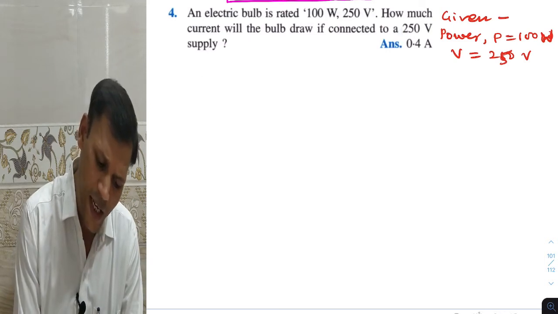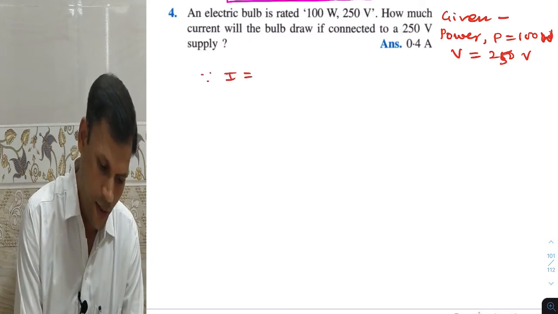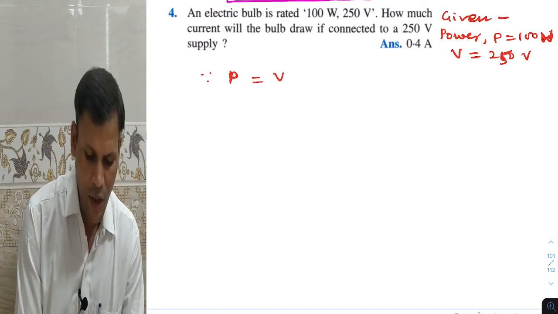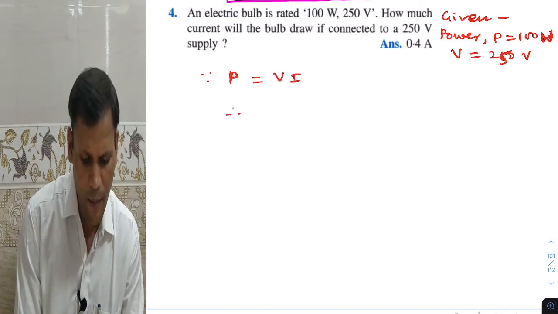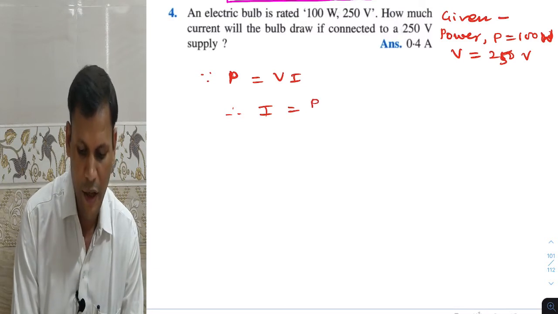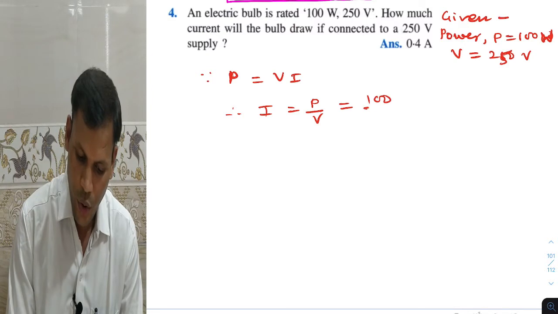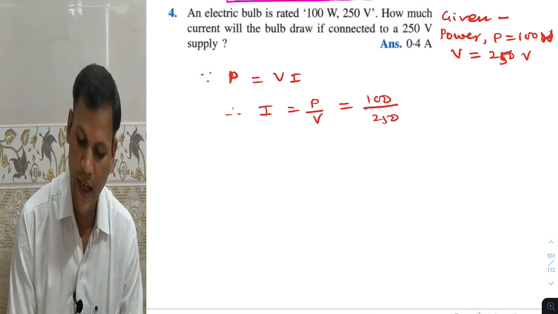Since power P is VI, so I is to be calculated. I will be P upon V, and power is given as 100 upon 250, so it will cancel.